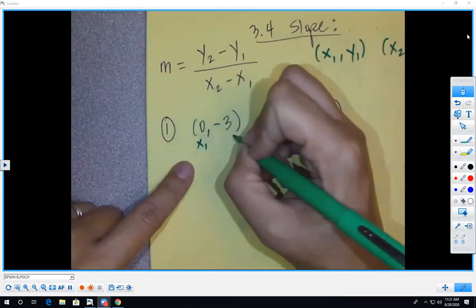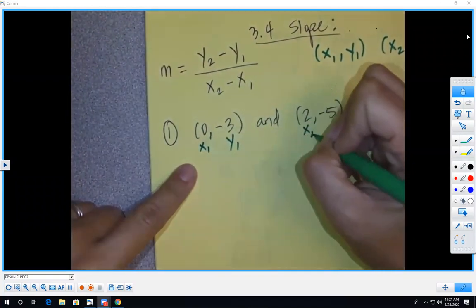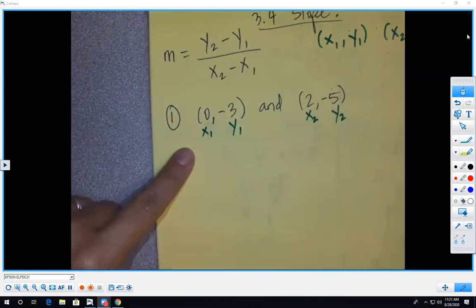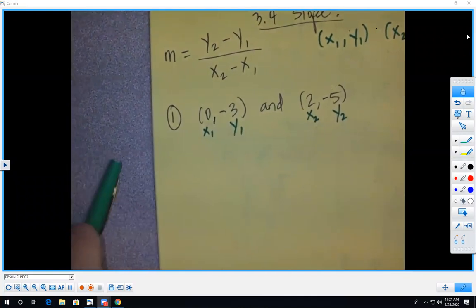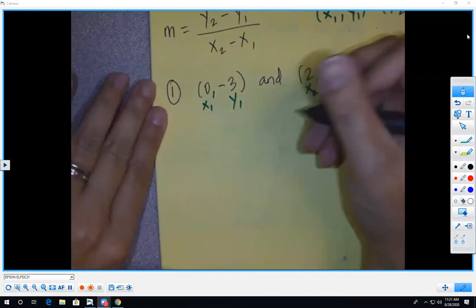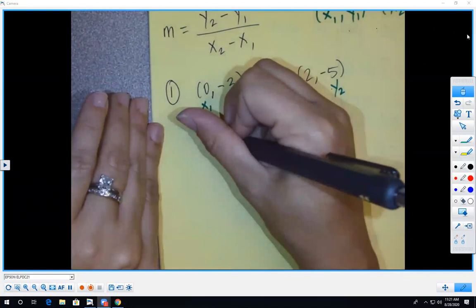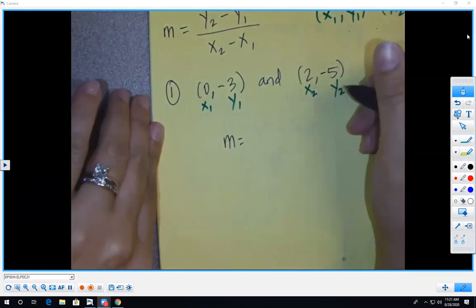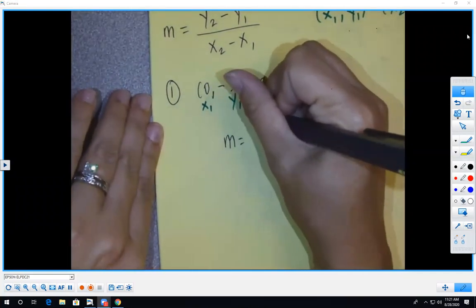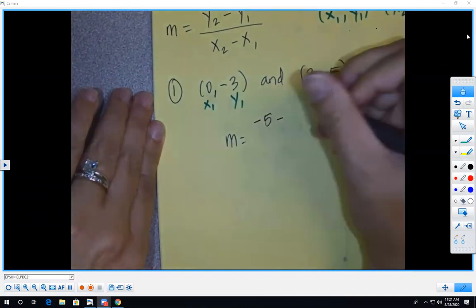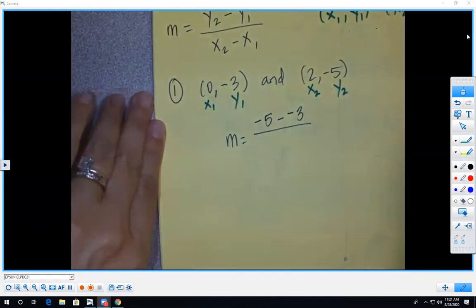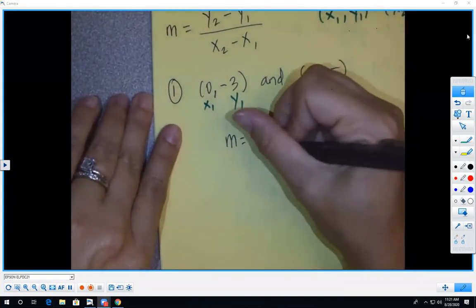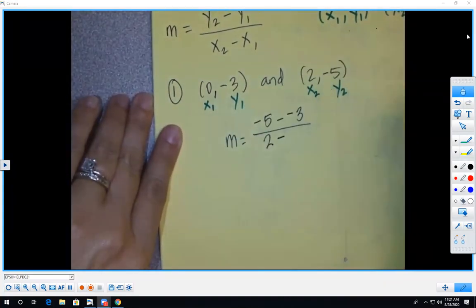I'm going to label them x1, y1, x2, y2. So then when I plug them in the formula, I get m equals y2, which is -5, minus y1, which is -3, over x2, which is 2, minus x1, which is 0.